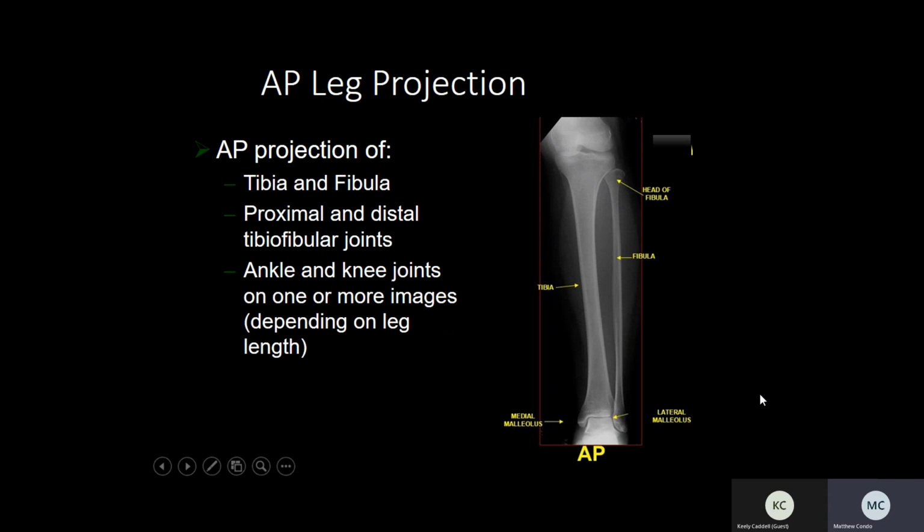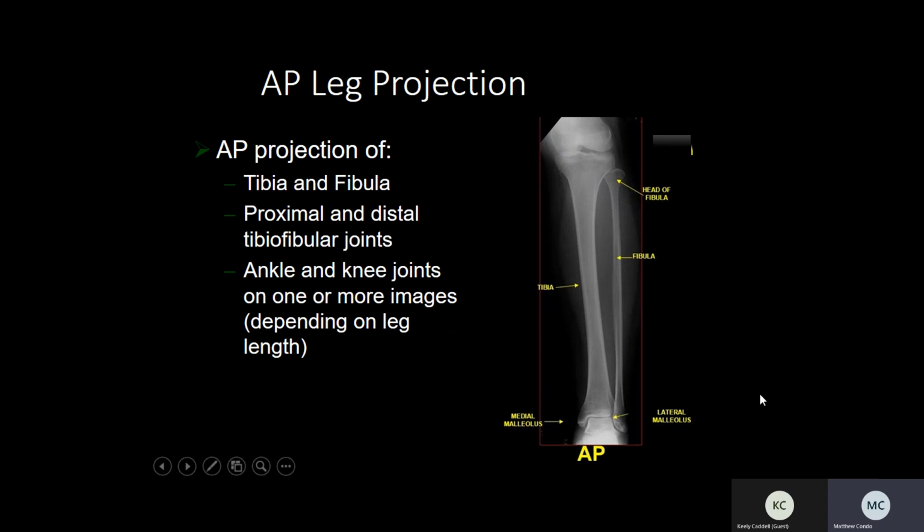Now, please note, I can see two different tibiofibular joints here. Right? I can see a proximal one, and I can see a distal one. Note that, because this is a key piece of information. Why?